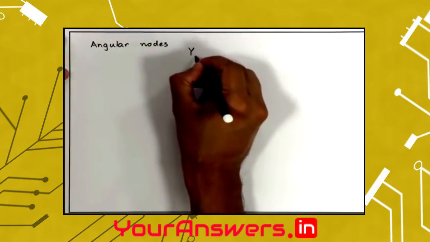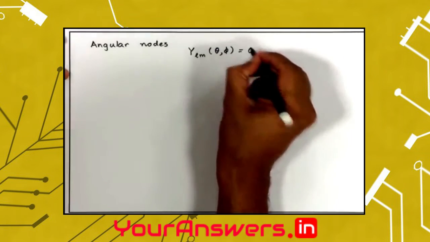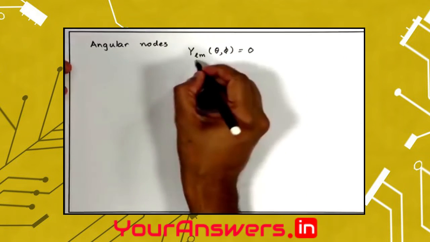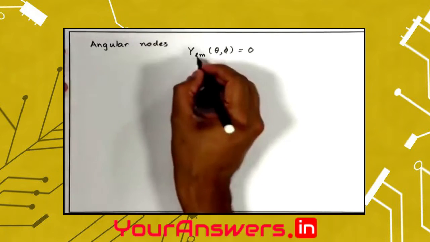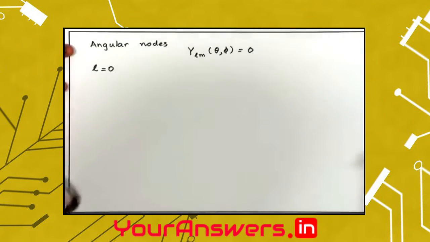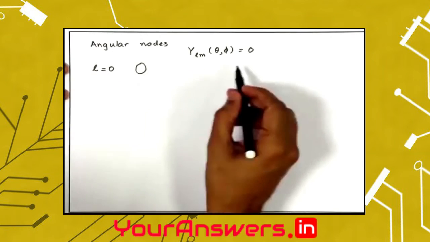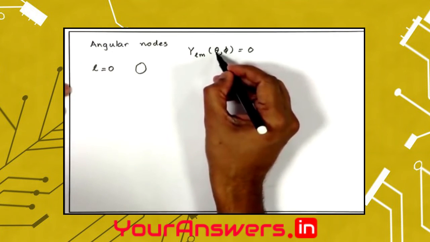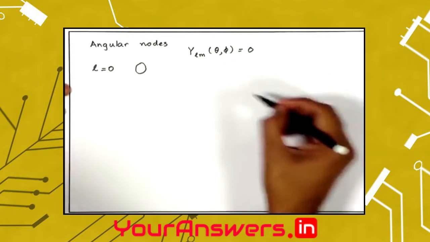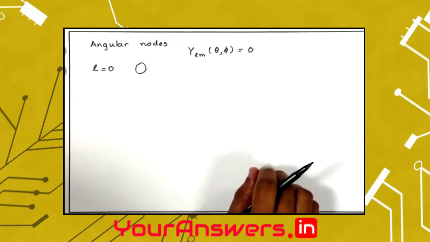Where Y L m, which is a function of theta and phi, is 0. The leading quantum number is L here. So, let us say when L is 0, what kind of shape do we get? We get a spherical shape of the orbital. When it is a spherical shape, no matter what value of theta or phi you take, since it is a sphere, you always have that probability density.